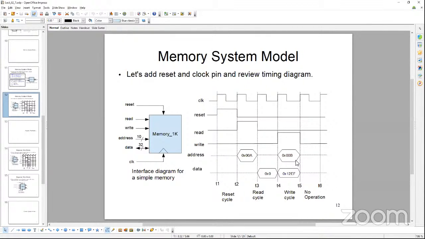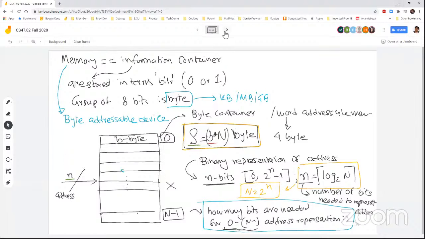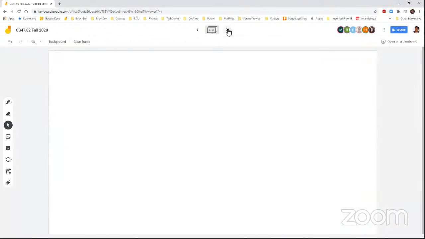So they won't take an extra clock cycle. So usually these problems give the number of clock cycles for the read.